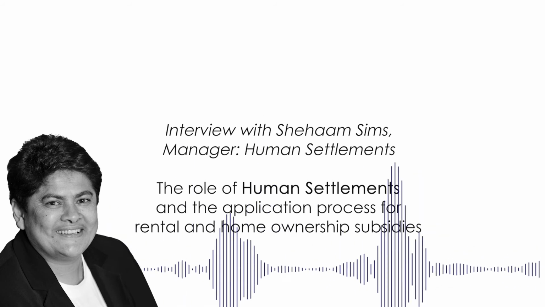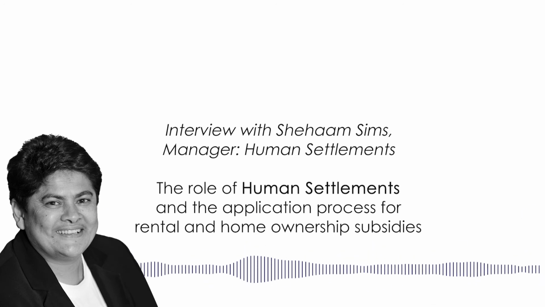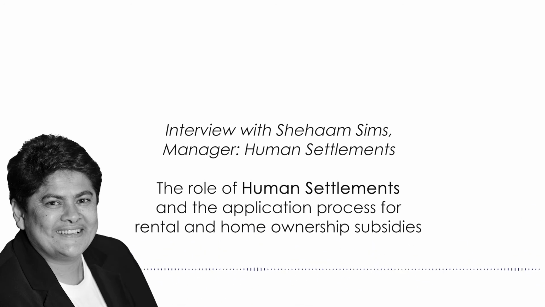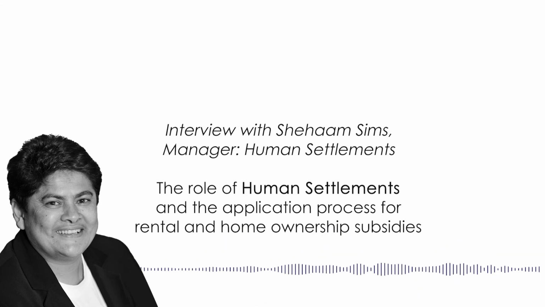The questionnaire is simply to deal with your expressing your interest in either social rental housing, alternatively ownership in the form of finance-linked individual subsidies. The FLISP one you're talking about. Correct, sir. Yes.